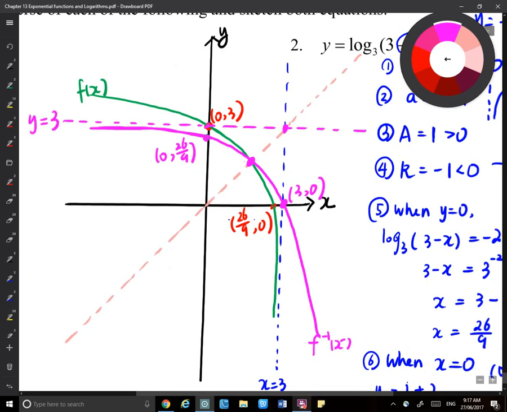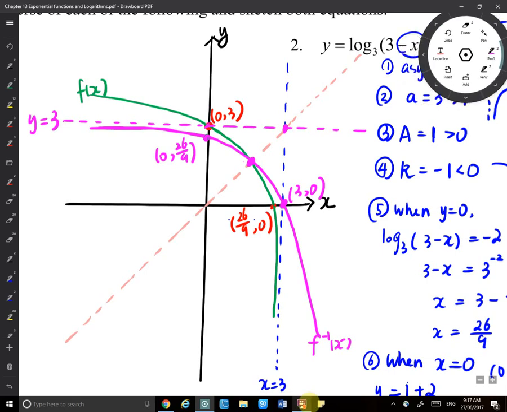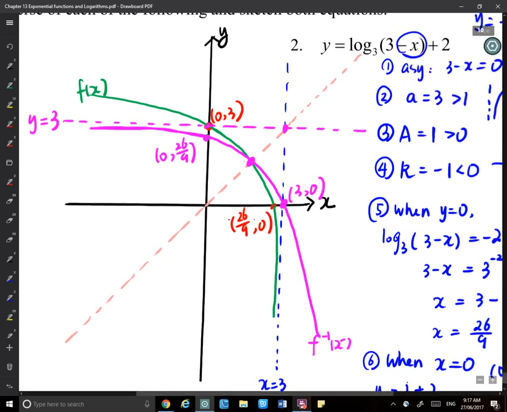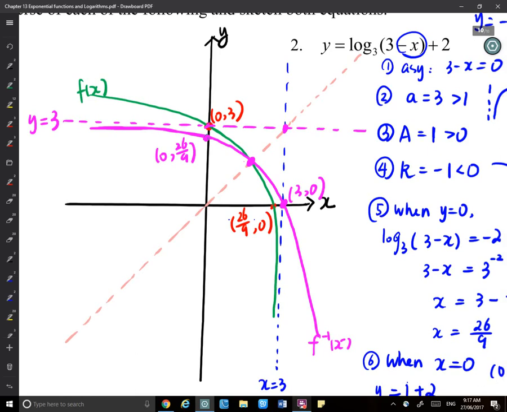So the pink graph is the inverse graph. And you can see that's an exponential. You can see the pink one has an asymptote at y equals 3, and it's a downward exponential graph.